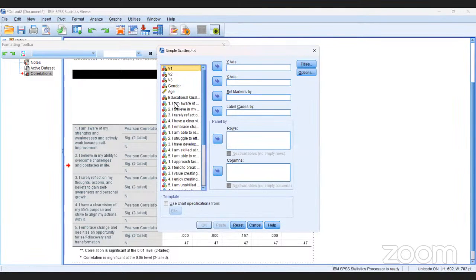Define: I click 1 as y-axis, 2 as x-axis.